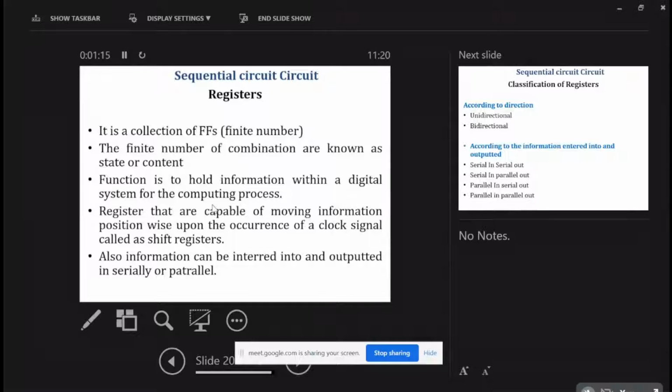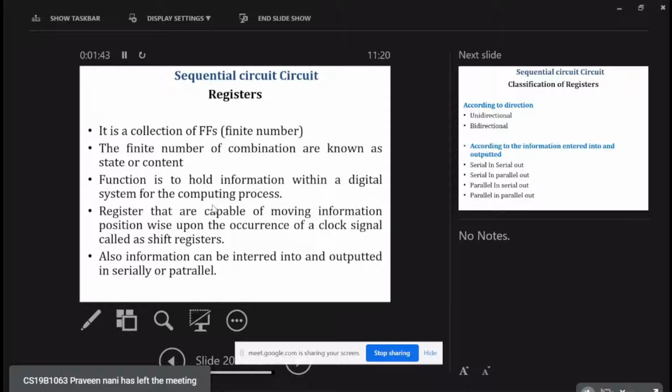One more thing about the register: whenever it holds information, the information could move in a unidirectional or in multiple directions. So according to the direction of the information it holds, registers are categorized into 2 categories: unidirectional or bidirectional.